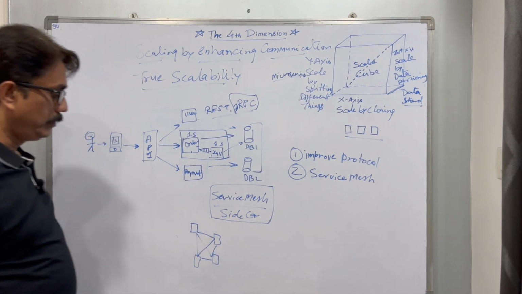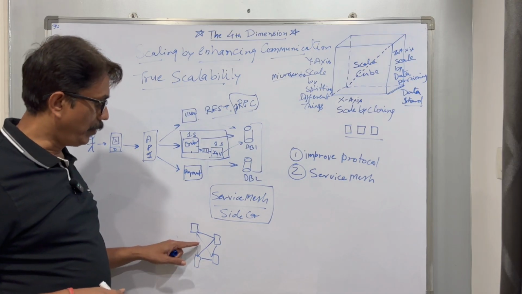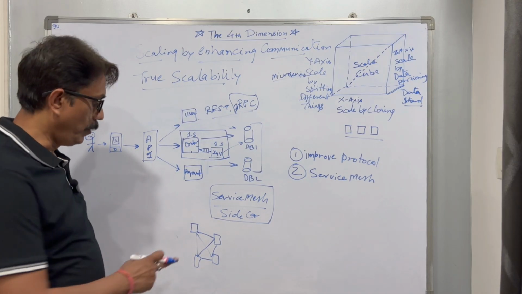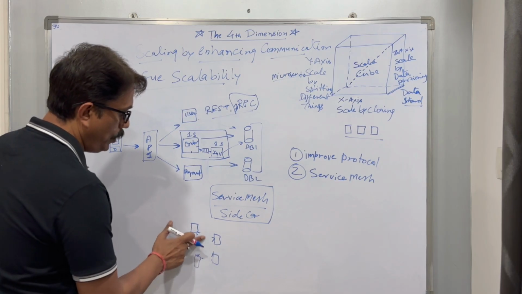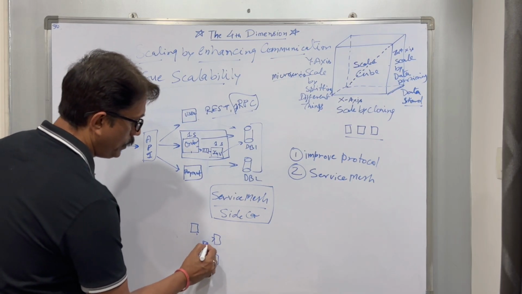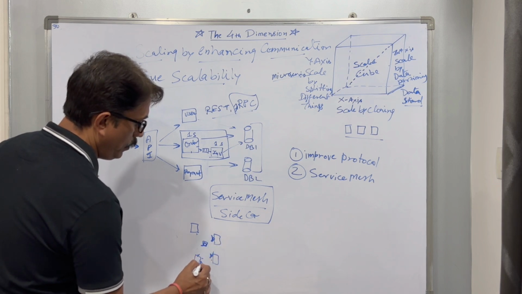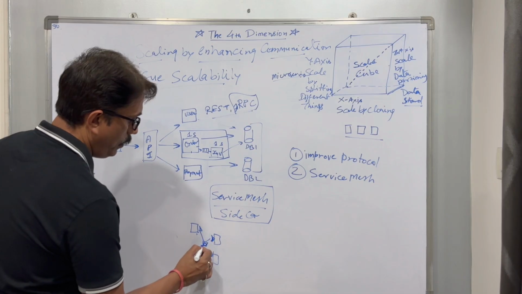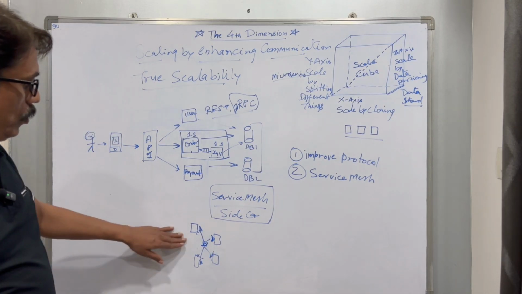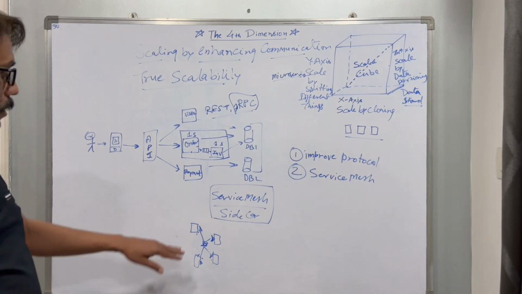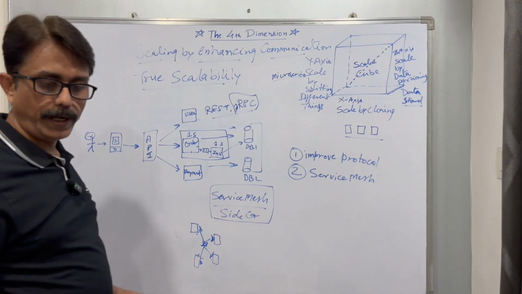When the number of services increases, this communication will be more complex. So in place of having it like this, we can use the service mesh, by using the sidecar pattern to simplify the communication and enhance the scalability of the system.